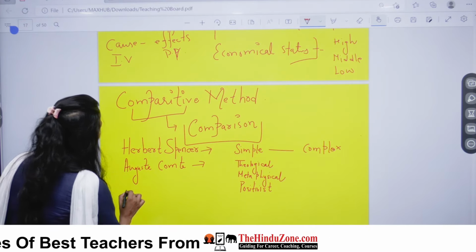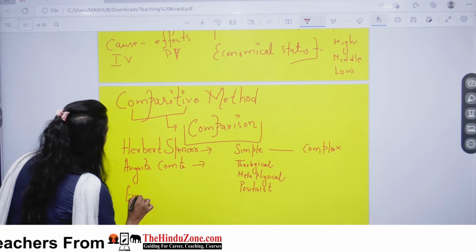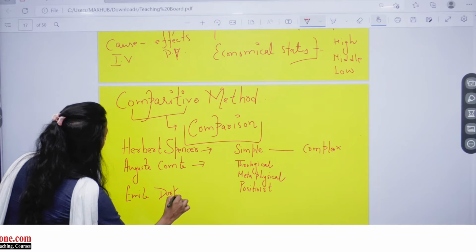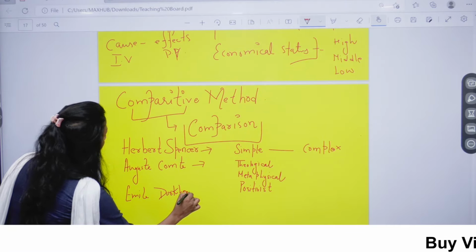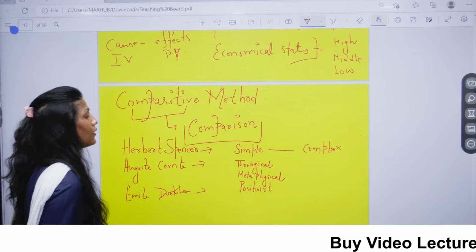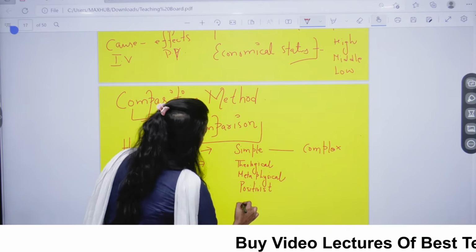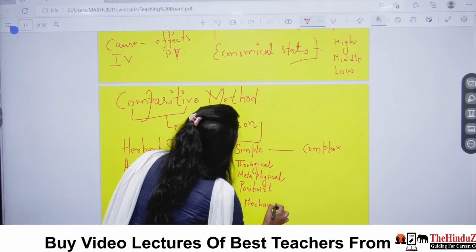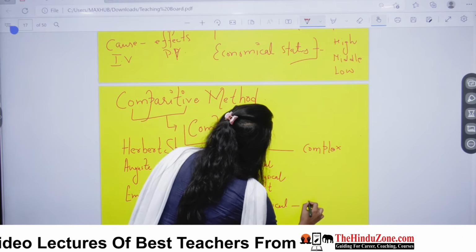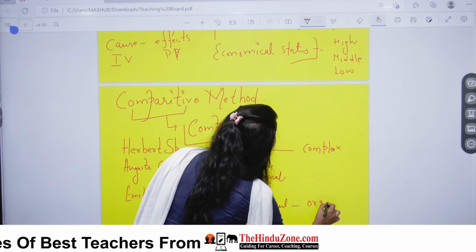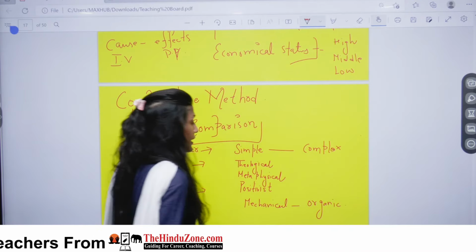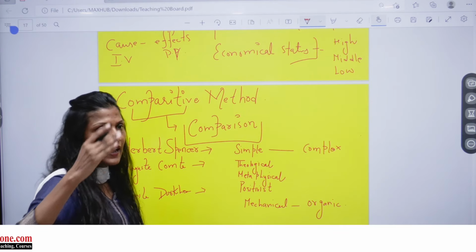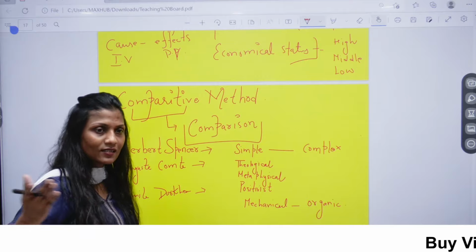Emile Durkheim too is comparing societies: mechanical and organic. He has also used the division of labor. So labor is his variable, and he is comparing between the three classes.